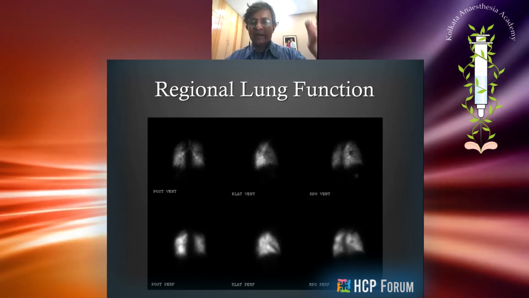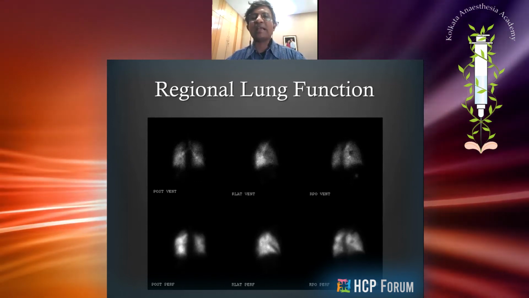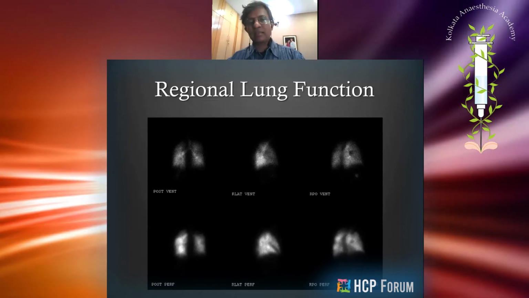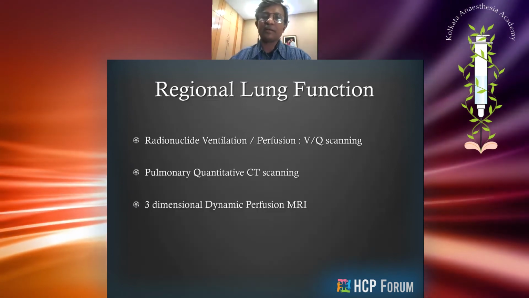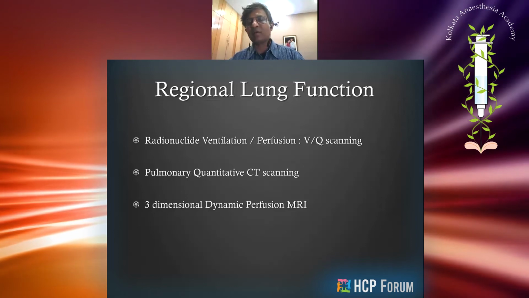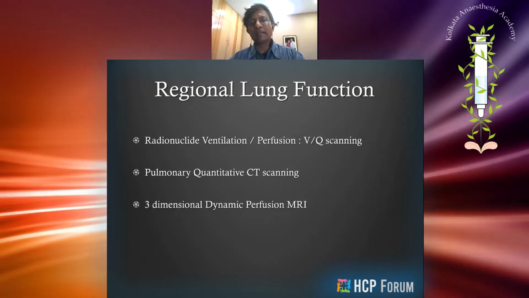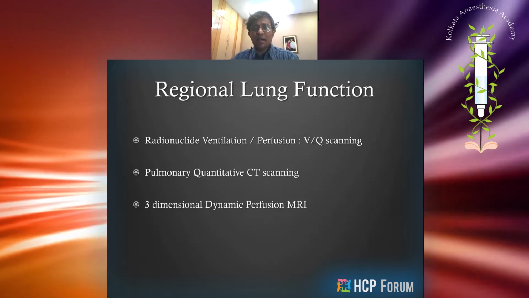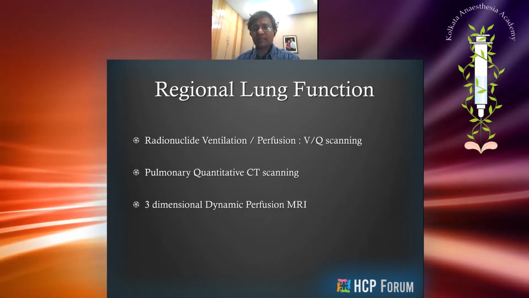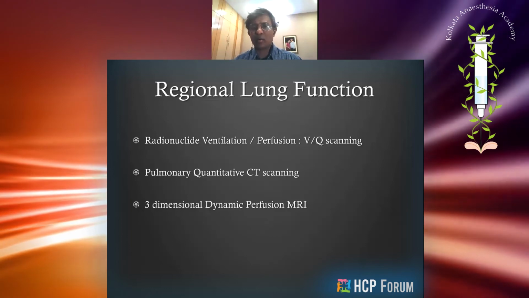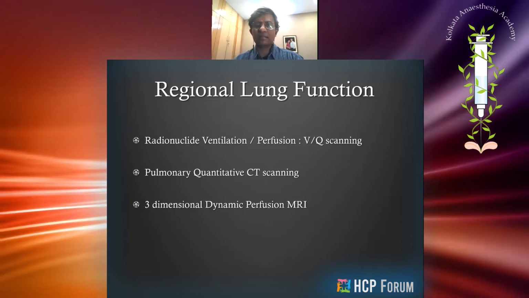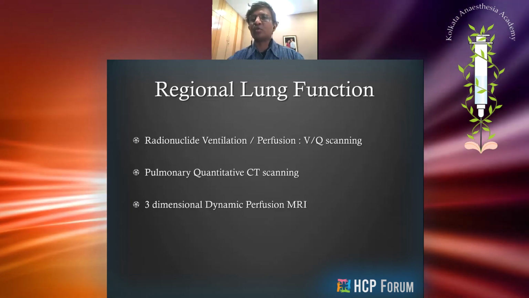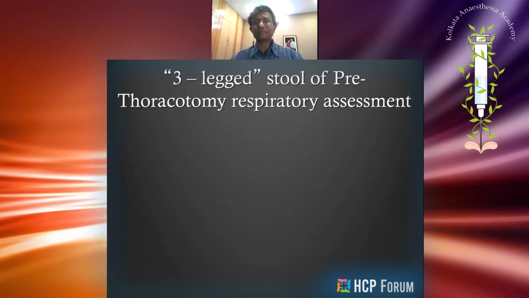Therefore you can reduce the calculations and get a better number for the predicted postoperative FEV1 or DLCO, and then come to a conclusion. This regional lung function test can be done with the help of radionuclide ventilation perfusion scanning or quantitative CT scanning. And this is again theoretical. I have no clue as to how this is done.